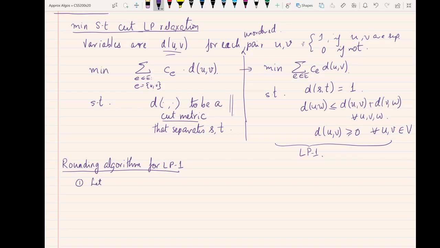So let d be the optimal solution to LP1. The value that I'll use as usual is Z_LP1.